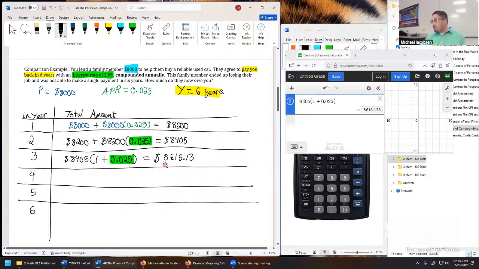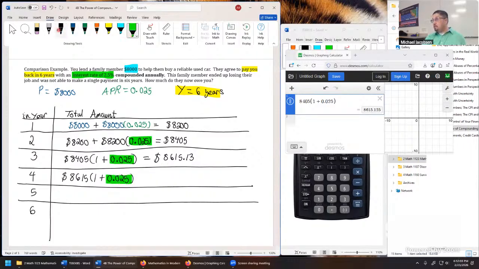So following the process, we'll take this amount here. We're going to charge 2.5% APR on that. So 8,615, 1 plus 0.025, and that'll give us our next dollar amount. Here, we pretty much have the right structure.